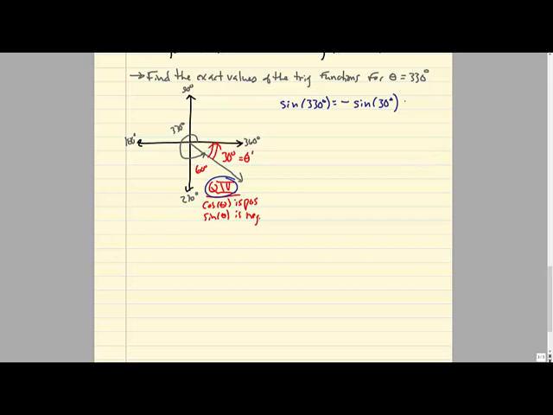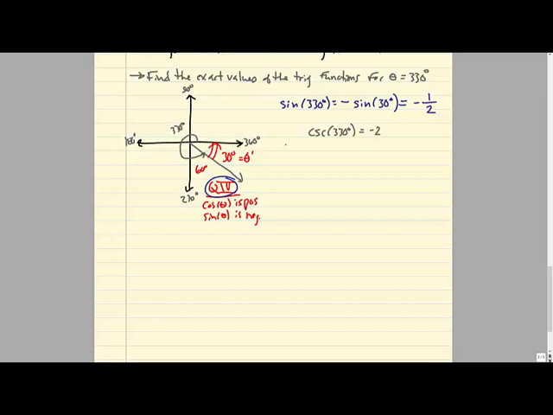Well, the sine of 30 degrees is one we have memorized as 1/2, so I know that the sine of 330 is negative 1/2. And because I know the sine of 330, I also know the reciprocal identity, so the reciprocal of sine is cosecant. So I know that the cosecant of 330 degrees is the reciprocal of negative 1/2, which is negative 2.